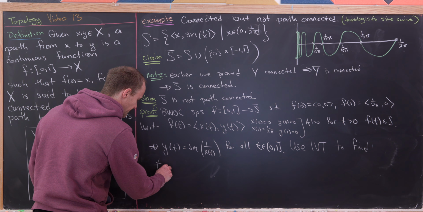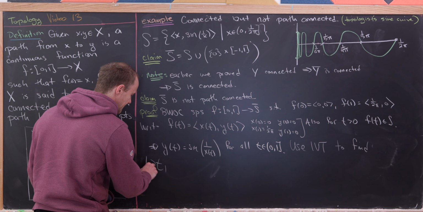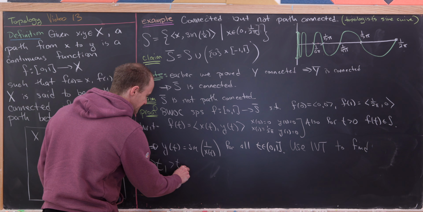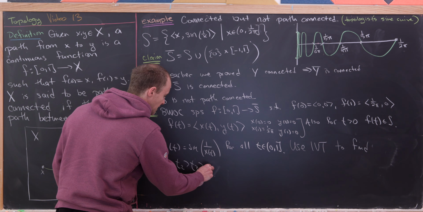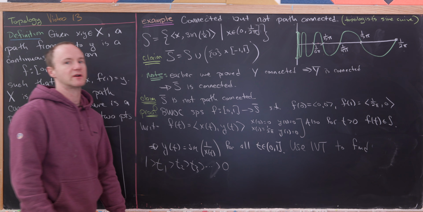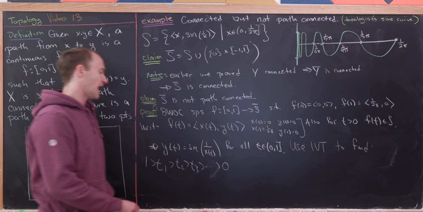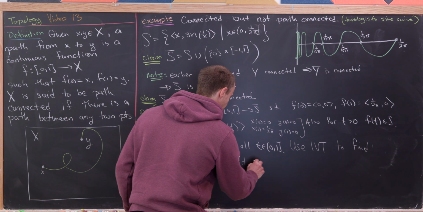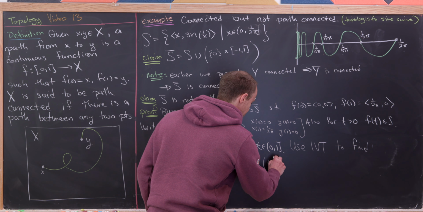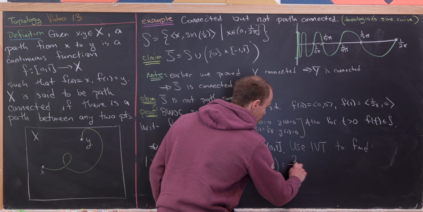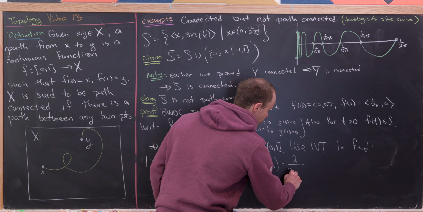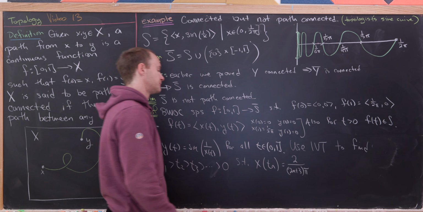And those numbers are going to be t1. t1 is going to be less than 1, but t1 is going to be bigger than t2, which is going to be bigger than t3, and so on and so forth. They're all going to be bigger than 0. And they're going to satisfy the following rule, that if you do x of t sub n, you'll get 2 over (2n plus 3) times pi.